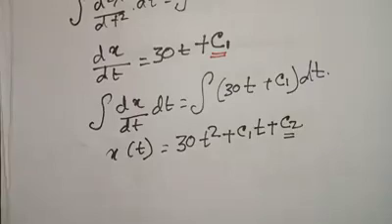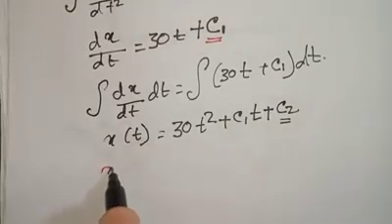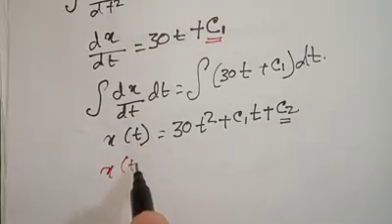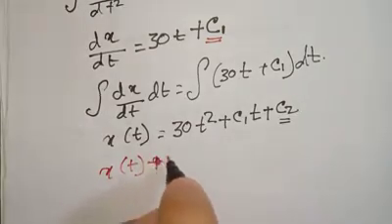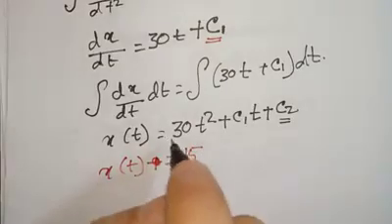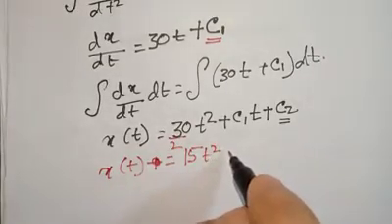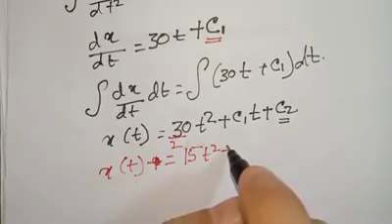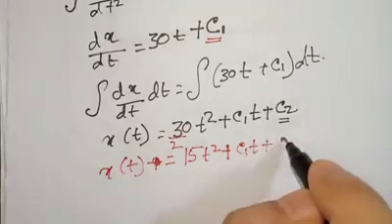So what we now get, if you rearrange this, we can write it as x of t equals 15t squared, since 30 divided by 2 is 15, plus c1t plus c2.